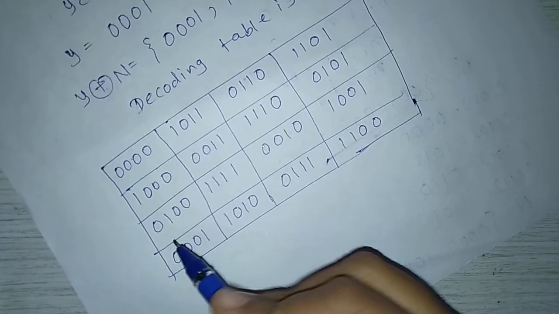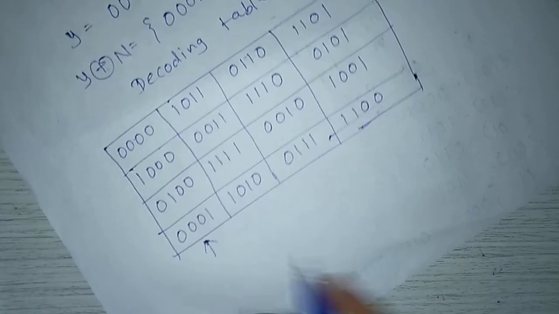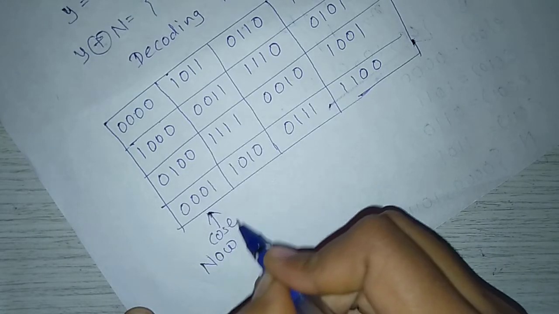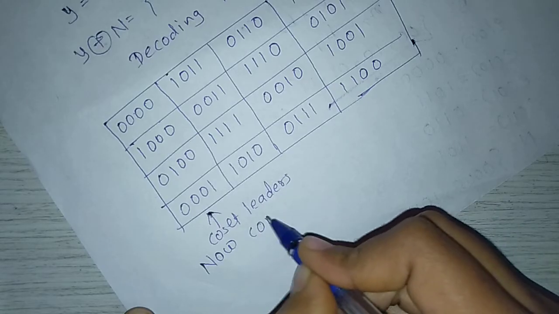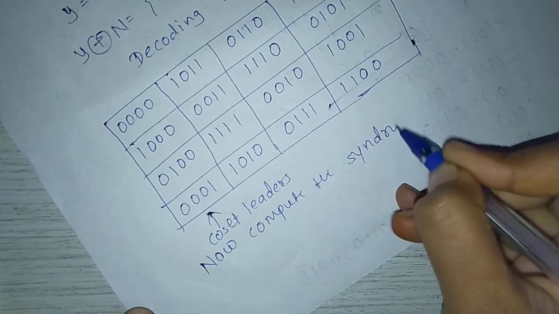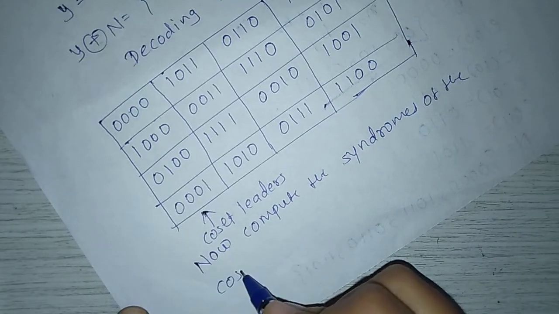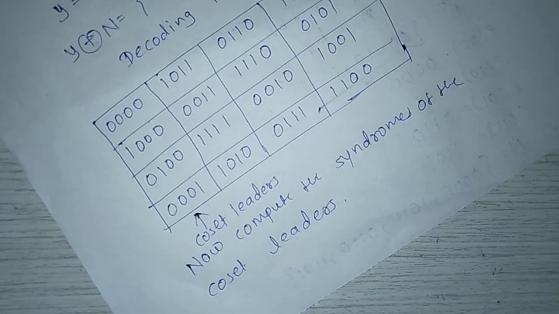The coset leaders are nothing but the first column of the decoding table. Now compute the syndromes of the coset leaders. For this we calculate x star h.